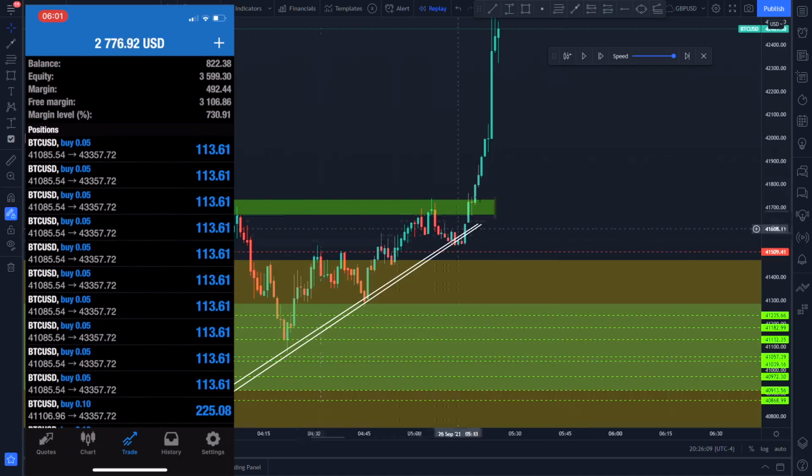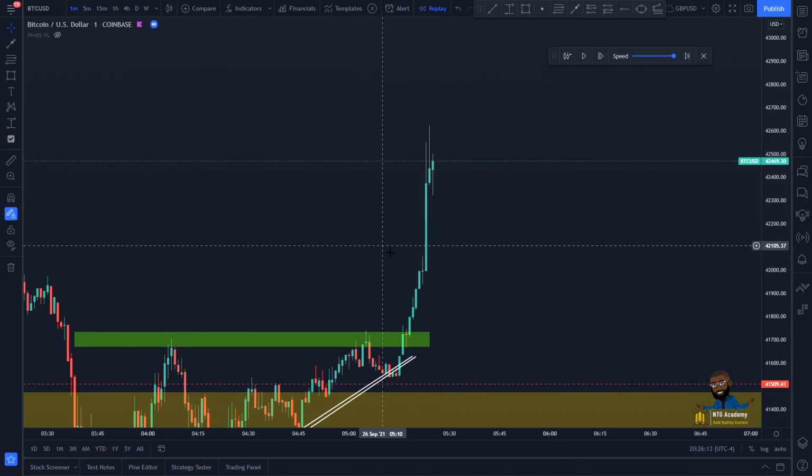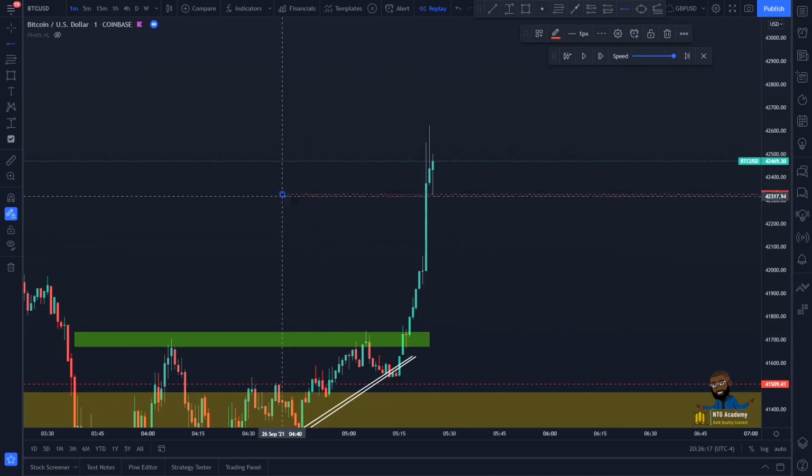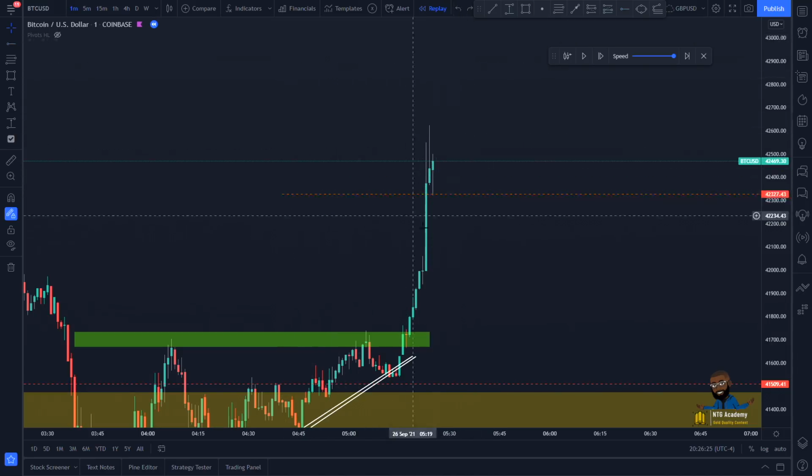Swimming in profit. And then you can scale in, you know, or trail stops if you want with the EMA or whatever. Now, when you're scaling in, guys, do not enter at the top, right? You do not want to do that. I know a lot of you guys experience this when you're scaling in at the top of the charts in the market.